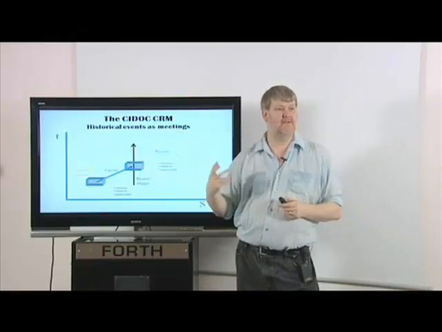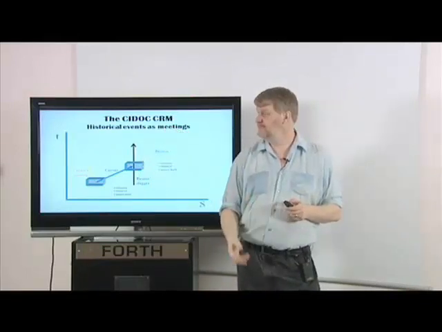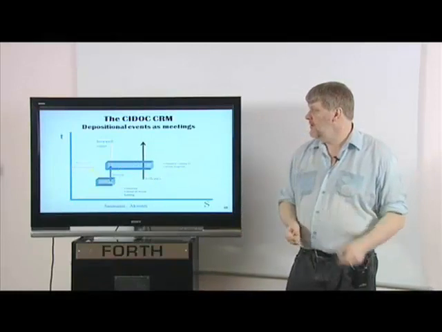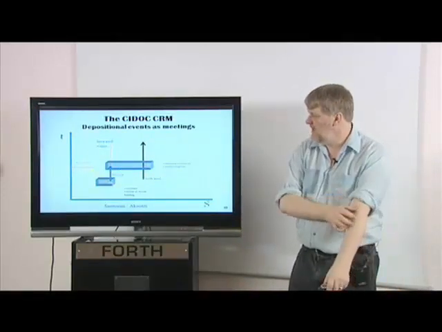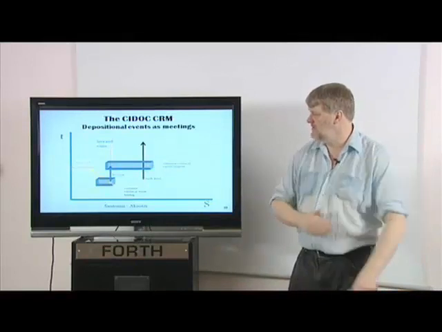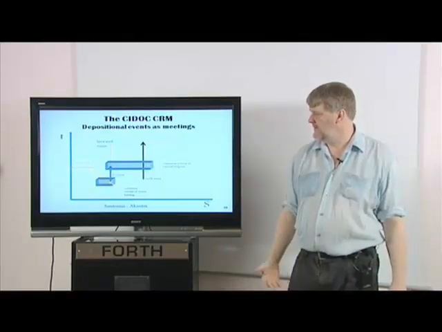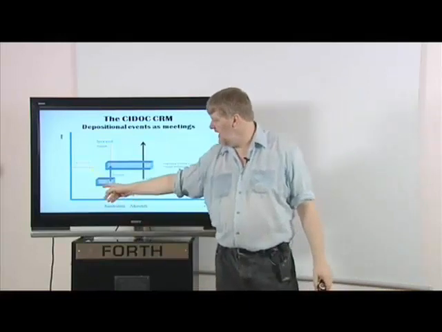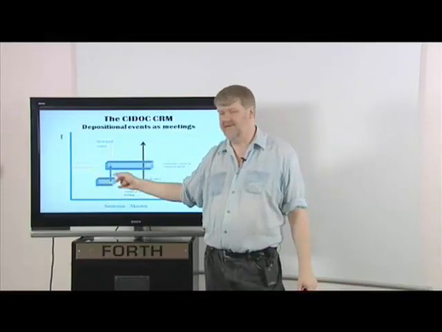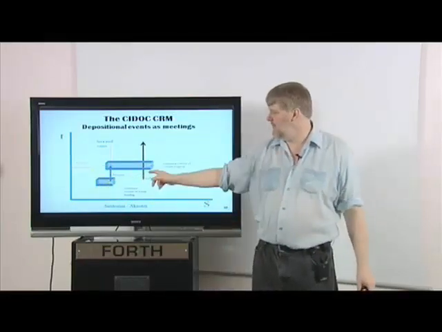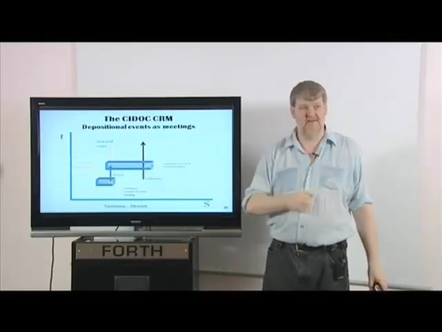But we can also do this with things like depositional events. So in this case, we're going to look at the eruption of the volcano at Santorini, at Thera. And so we have some ancient Santorinian who comes along and builds a house. We have a volcano, which continues throughout. And then we have the volcanic eruption, which happens at a particular point in space.